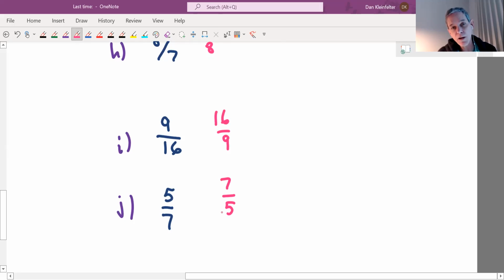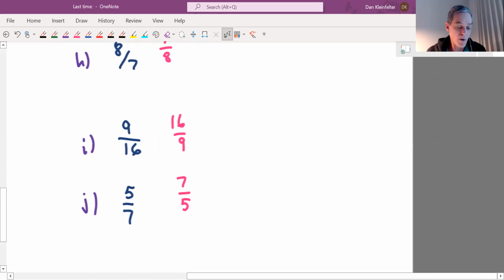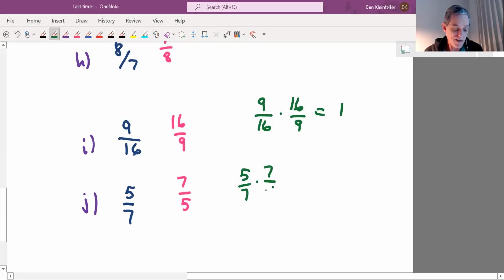Another way of looking at a reciprocal of a number is you could say that two numbers are reciprocals of each other if their product is equal to 1. For example, 9/16 times 16/9 is going to equal 1. 5/7 times 7/5 is going to equal 1.